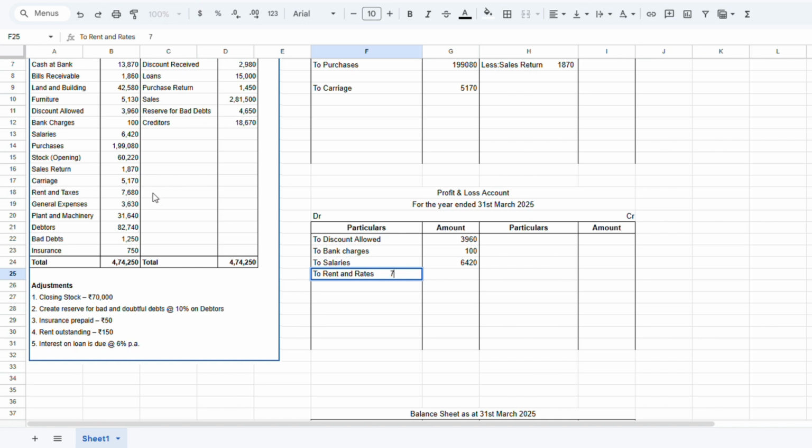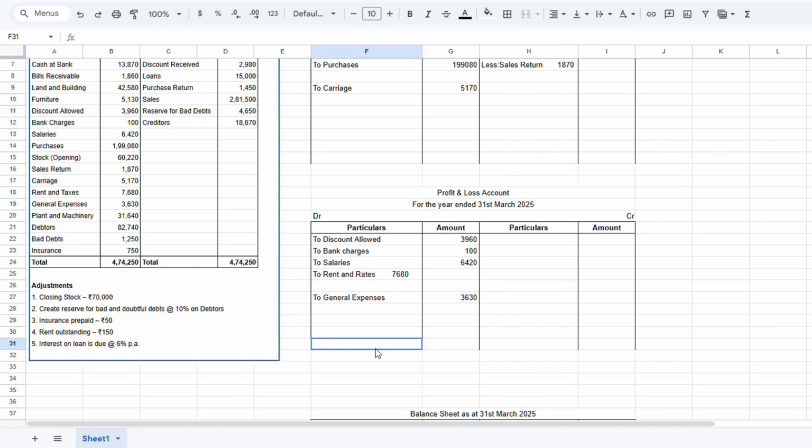Amount is 7,680. Next, general expenses 3,630. General expenses is also an indirect expense. So, profit and loss account, to general expenses 3,630.